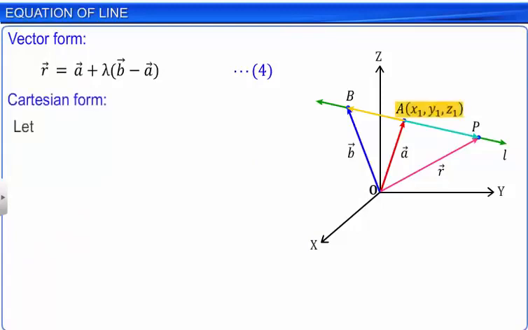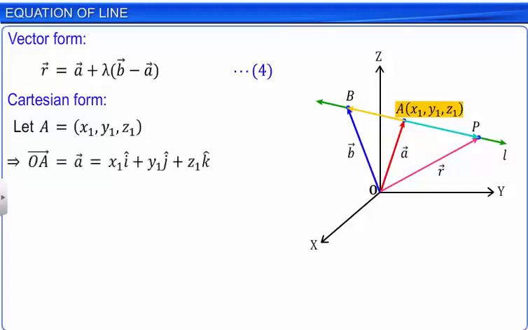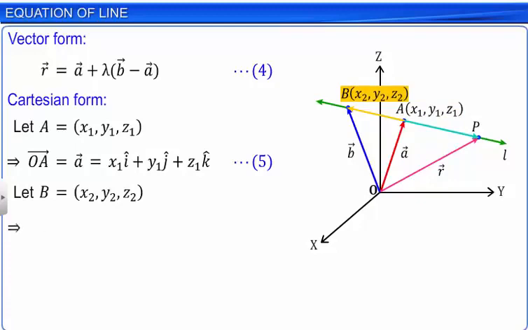Let the coordinates of point A be x1, y1, z1. Thus we can write the position vector of point A as shown. Similarly, if the coordinates of point B are x2, y2, z2, we can write the position vector of point B as shown.